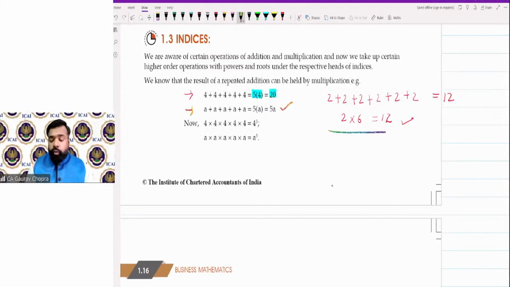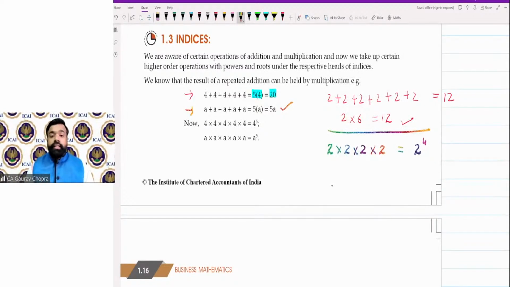But instead of addition, if we use multiplication, like 2 multiply by 2, multiply by 2, again multiply by 2. So we have multiplied 2 how many times? 4 times. So it can be written as 2 to the power of 4. But if there was addition, we have to write 2 multiplied by 4.